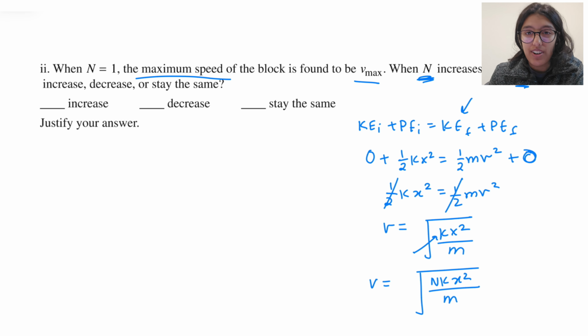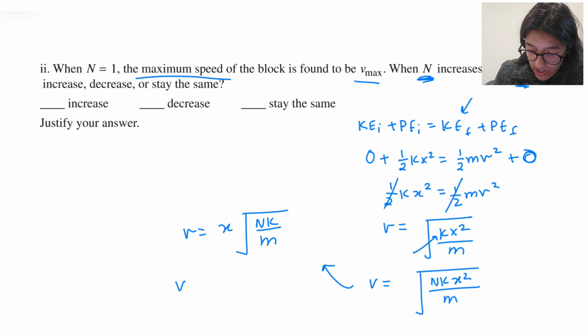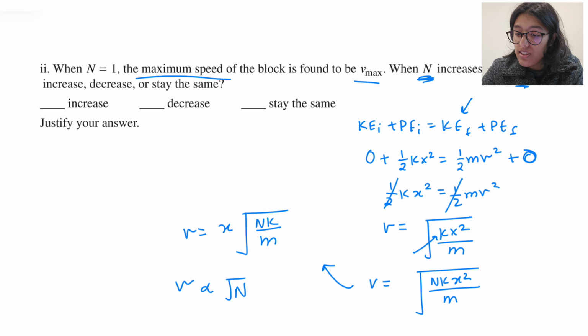V is equal to x square root of nk over m. And here I see that velocity is directly proportional to the square root of n, meaning that if n increases, then velocity will also increase. So I am going to say that velocity will definitely increase if n increases.